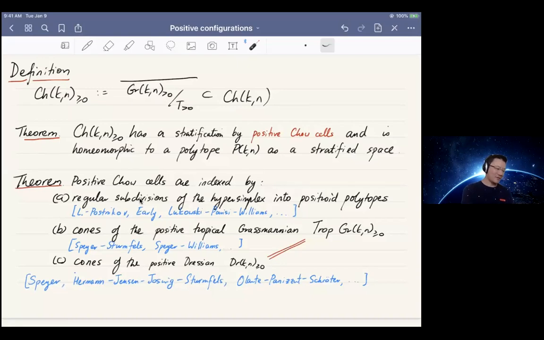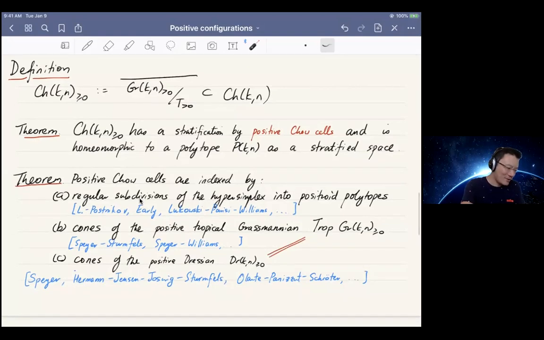The third description: these three sets, positive Chow cells A, B, and C, are in bijection, and C are cones in something called the positive Dressian. I believe this was first studied by Speyer, though the name Dressian first appears in a paper of Herrmann, Jensen, Joswig, and Sturmfels.